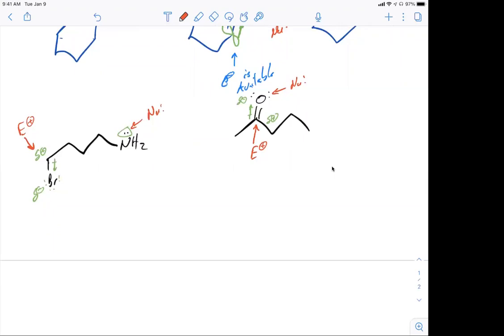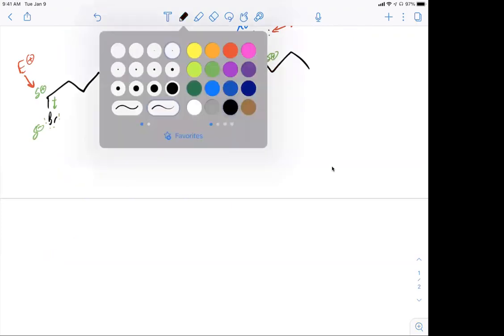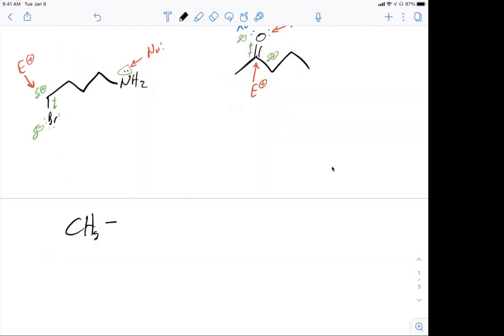So in the halides, that lone pair, so if we think about, let's say we took methyl bromide, right? And I bring another electrophile, a strong electrophile there, right?